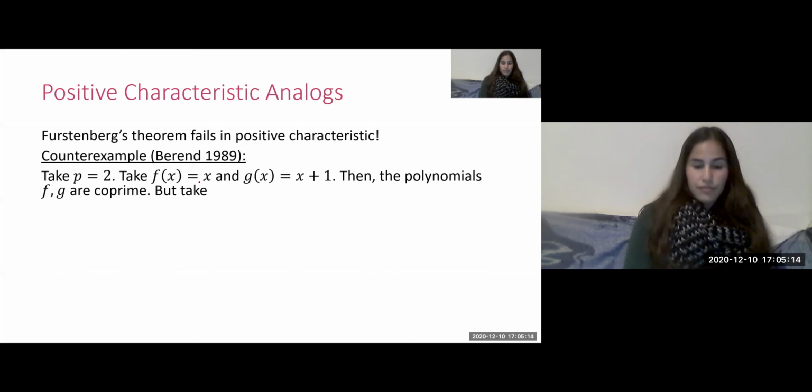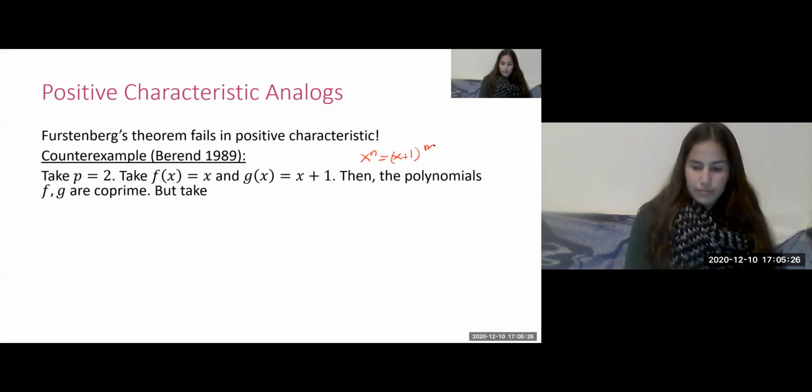And let's take f to be the polynomial x and g to be the polynomial x plus 1. Clearly, these are rationally independent, because if x to the n equals (x plus 1) to the m, then n must be equal to m.